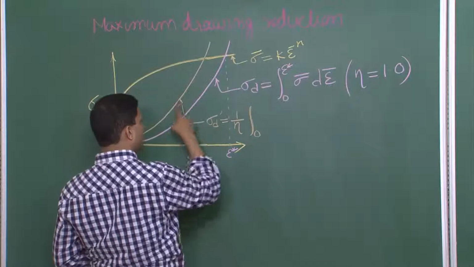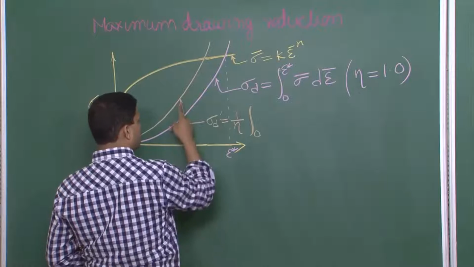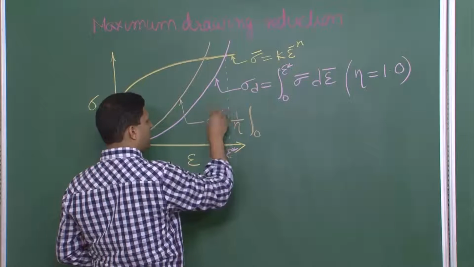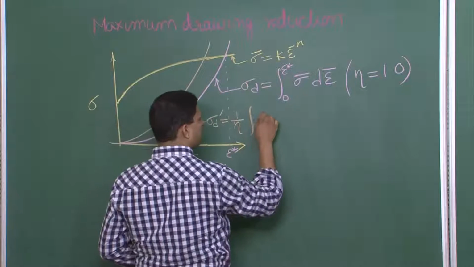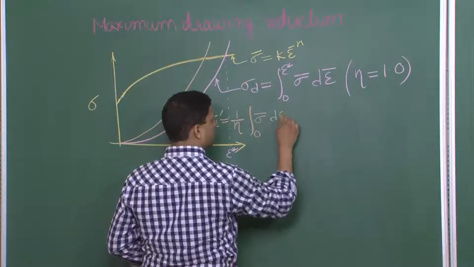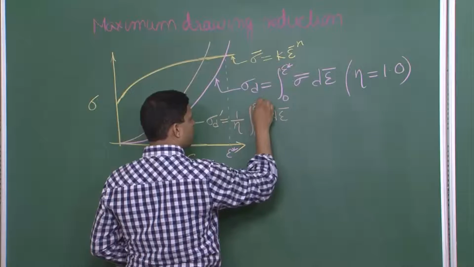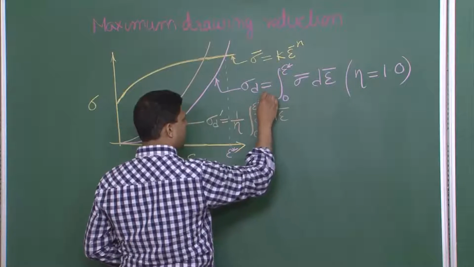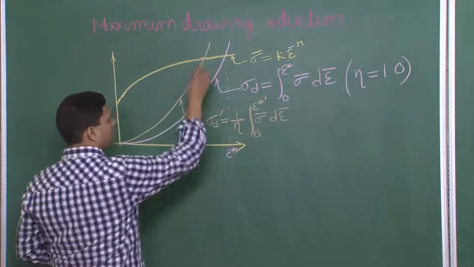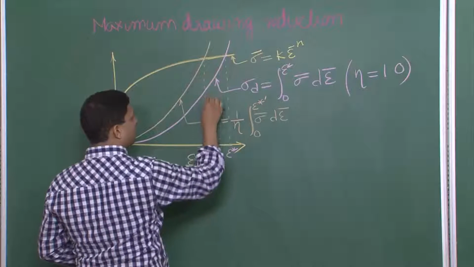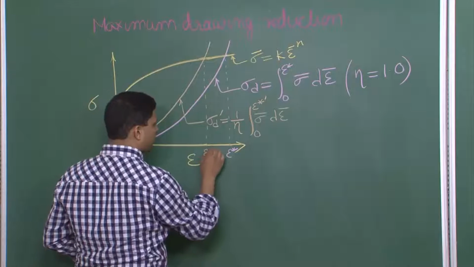So, sigma d is always higher for a given strain. So, this sigma d prime is always higher than this sigma d. And again, to differentiate from this epsilon star, which is the critical, I will put a prime over here. So, this is our epsilon star prime.